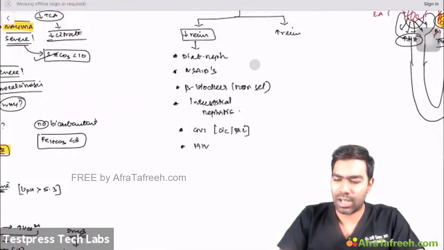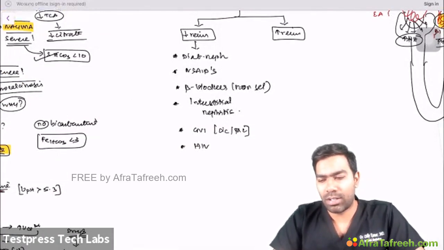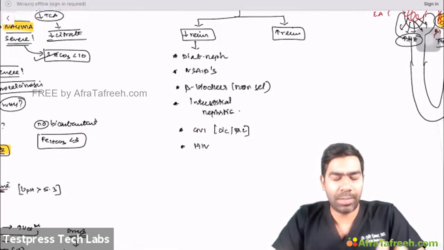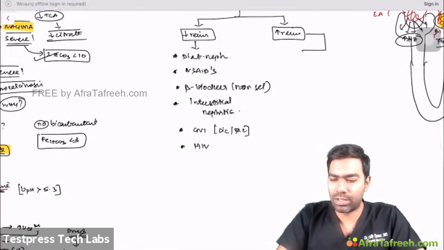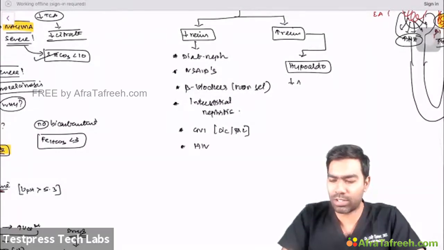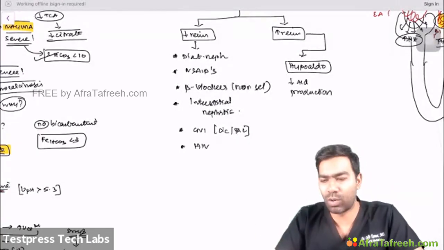As far as high renin is concerned, high renin causing hypoaldosteronism may be due to two reasons. One, it could be a hypoaldosteronism, which means the aldosterone production is low. So number one will result in high renin only, it will not result in low renin.